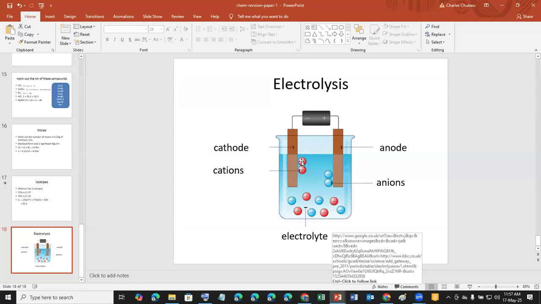And that's why in electrolysis, again, I said it, electrolysis is a way of collecting the purest form of most substances.